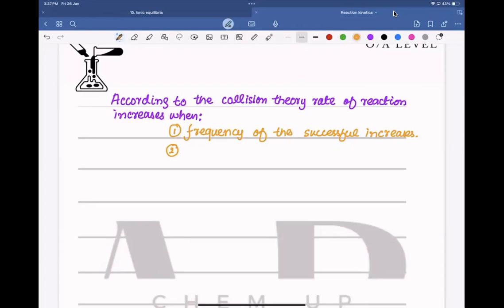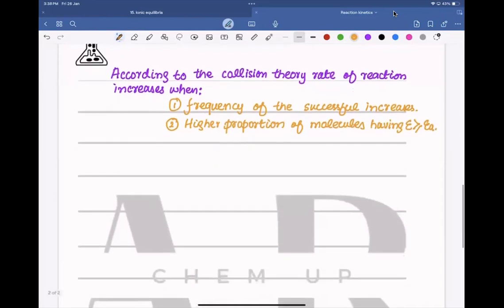So these two are the factors: either the frequency of the successful collision increases, or a higher proportion of molecules having energy equal to or greater than activation energy, then it will also lead to an increase in rate of reaction. Is this point clear?